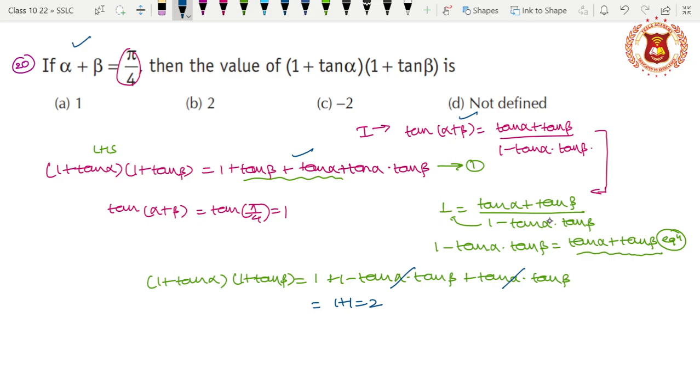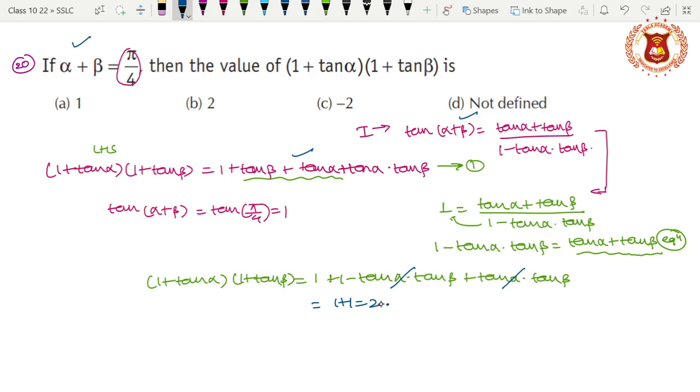I send this term to this side. Now I know tan alpha plus tan beta is 1 minus tan alpha into tan beta, right? Again I substitute this back in the first equation. Now this tan beta plus tan alpha can be written as 1 minus tan alpha into tan beta. Therefore, tan alpha into tan beta is cancelled out here, and 1 plus 1 is 2.